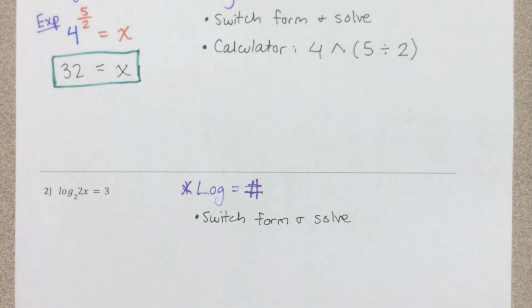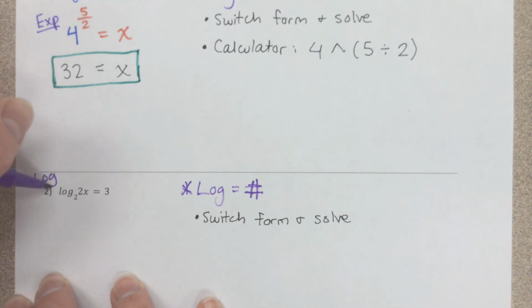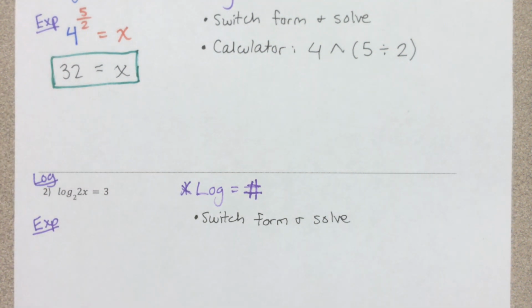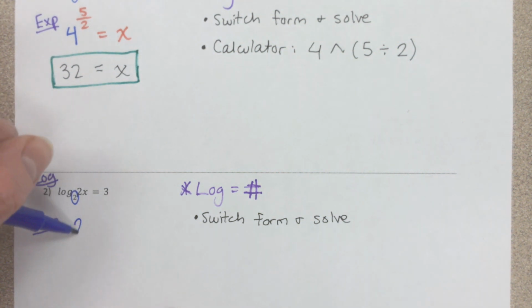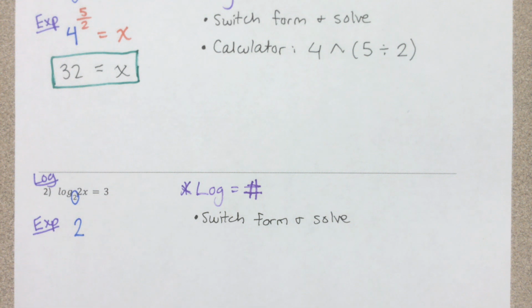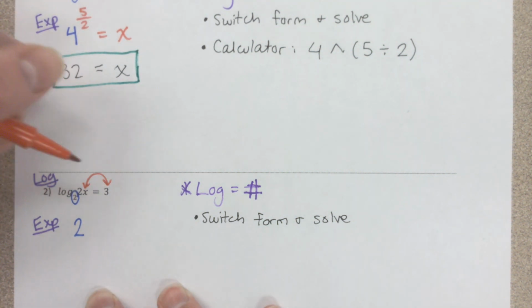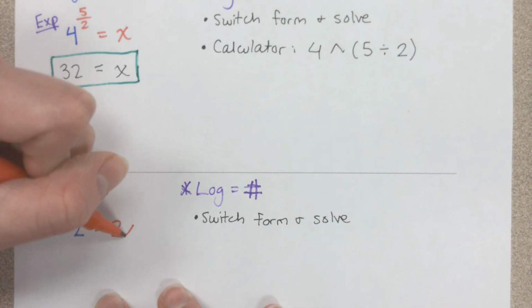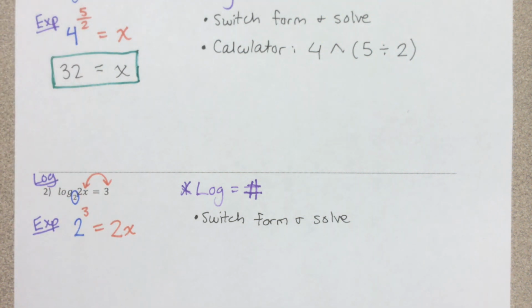So we're going to take the same approach. We have a log currently, and we need to switch it to an exponential. Base stays base. My base here is 2. The other 2, switcheroo. So 3 is the exponent, and 2x goes on the other side of the equal sign.